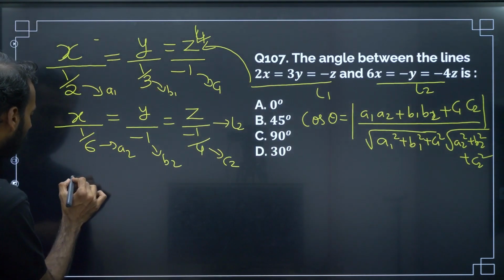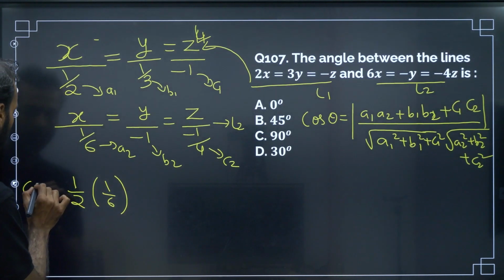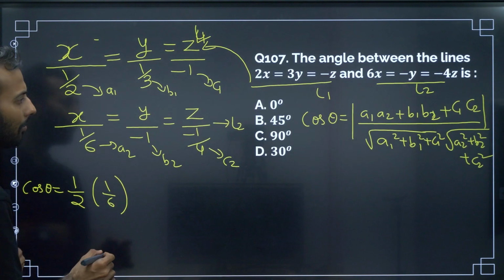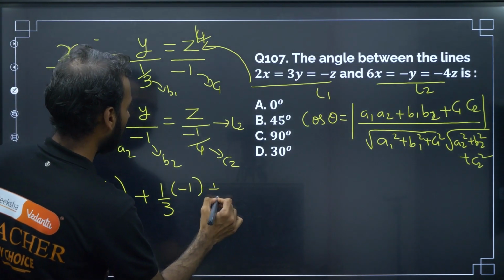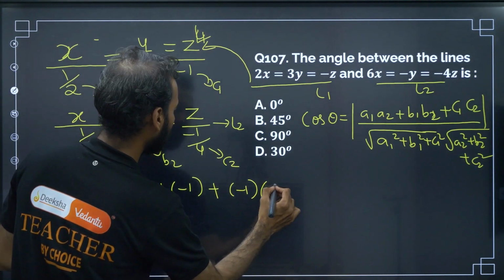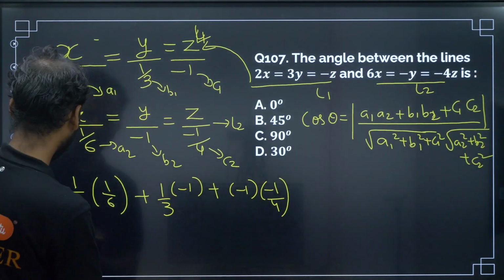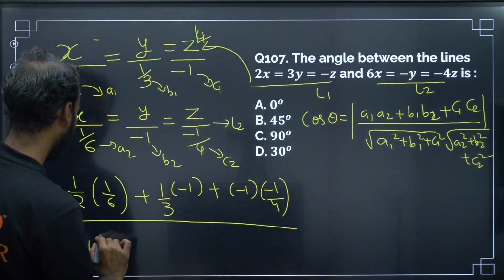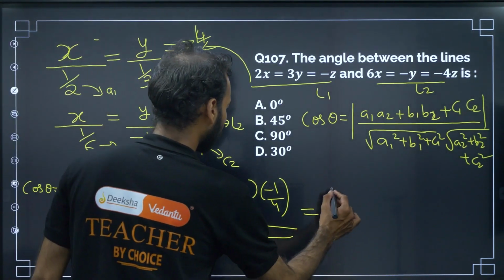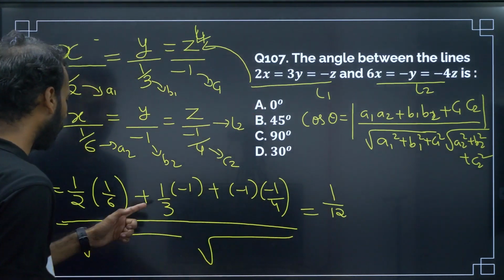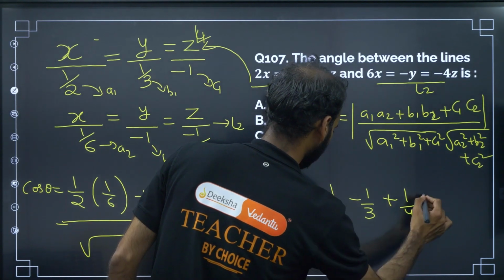a1 a2, a1 value is 1 by 2, a2 value is 1 by 6. So cos theta is equal to a1 a2, b1 b2, b1 is 1 by 3, b2 is minus 1, c1 is negative 1, c2 is negative 1 by 4. So divided by, still many things are there, that root and root. Now further, first we'll simplify the numerator: 1 by 12, negative 1 by 3, positive 1 by 4.